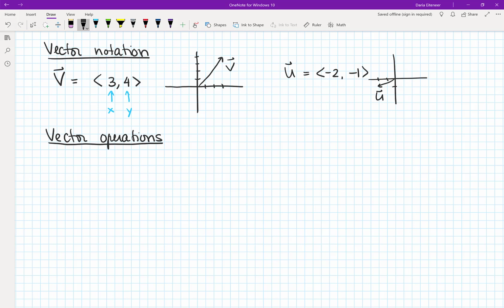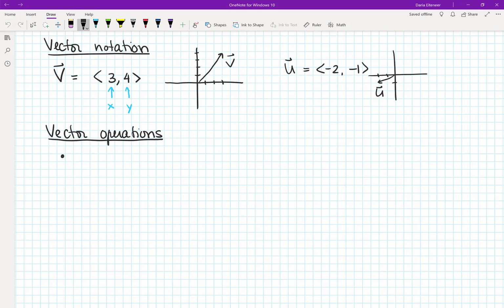We'll start with negation. Another name for negation is vector opposite. The opposite of a vector, the negative of a vector, is written as just -v. Algebraically, it's really easy. I'm just going to keep using that vector v that I have above.